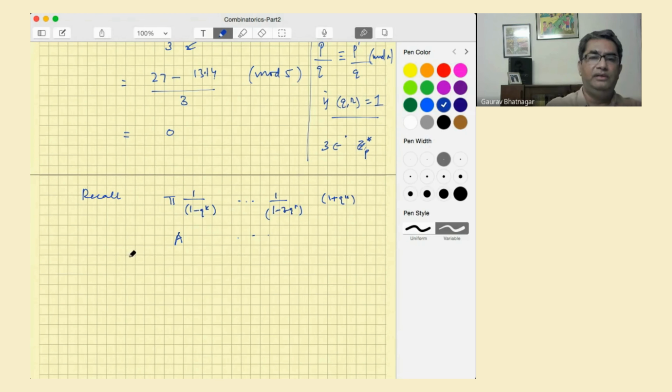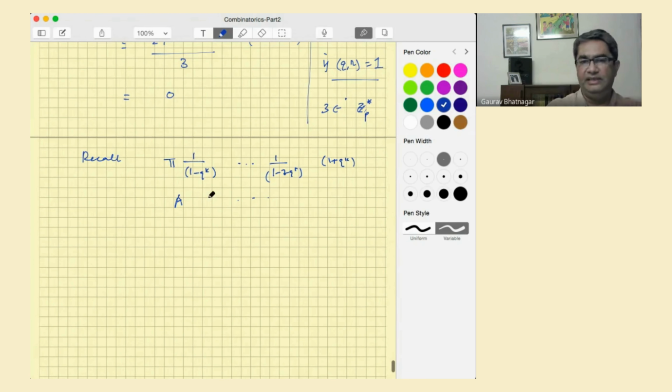So we had a sequence of generating functions, and now what we want to do is consider this guy, which is a very general kind of matrix.